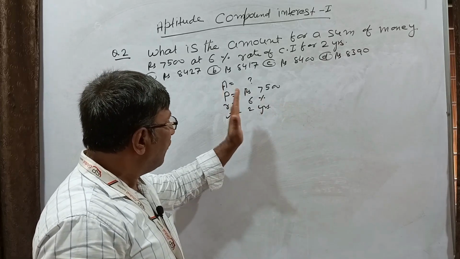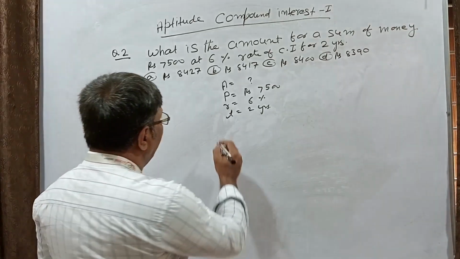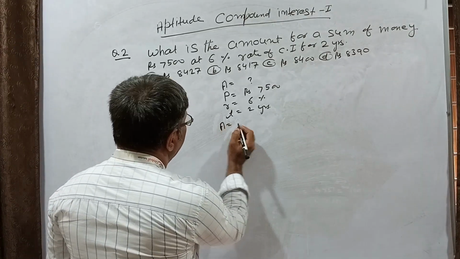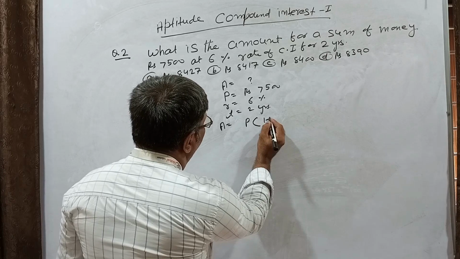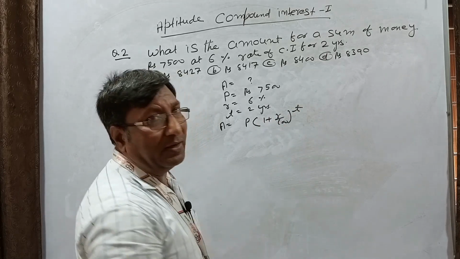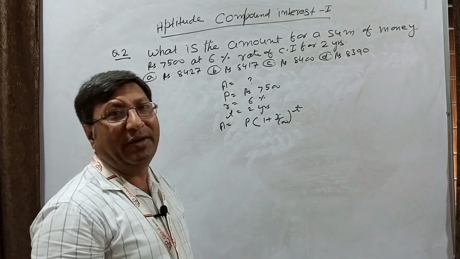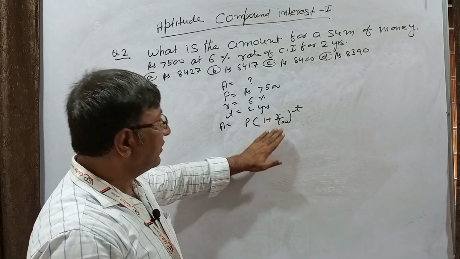The simple formula for the amount in compound interest is: Amount equal to P into 1 plus rate by 100 to the power T. If you learn this formula, you can solve this type of question very easily. So at first you learn this formula.